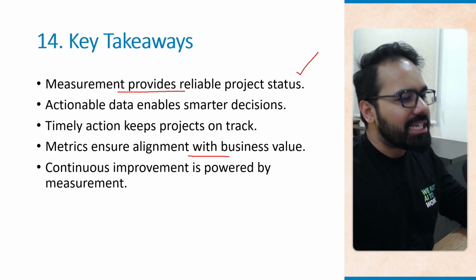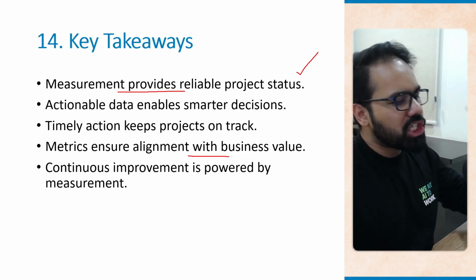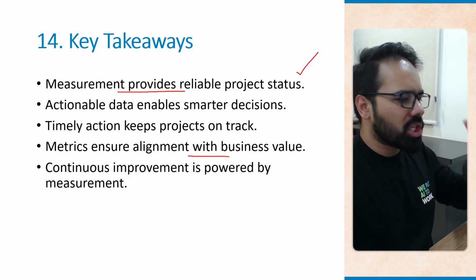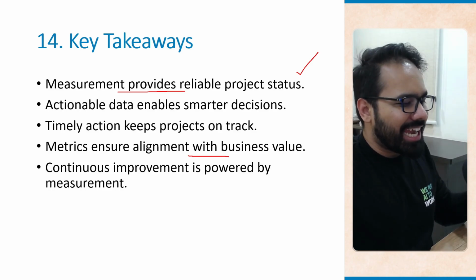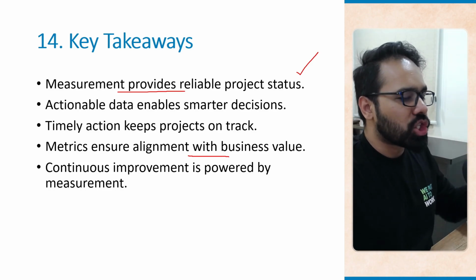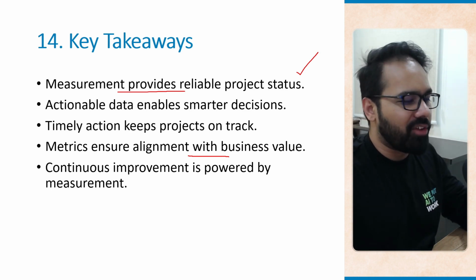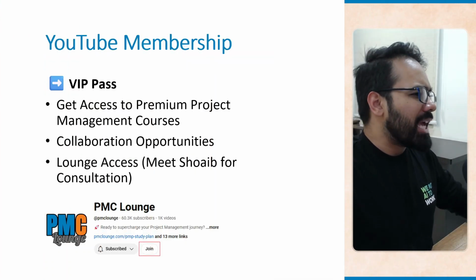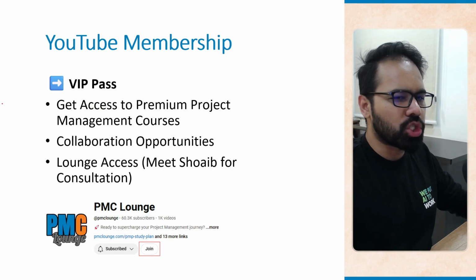And finally, continuous improvement is powered by measurement. Each project cycle or each sprint provides insights, and applying those insights makes the next phase stronger as well as more effective. So that's all that we had about this performance domain.